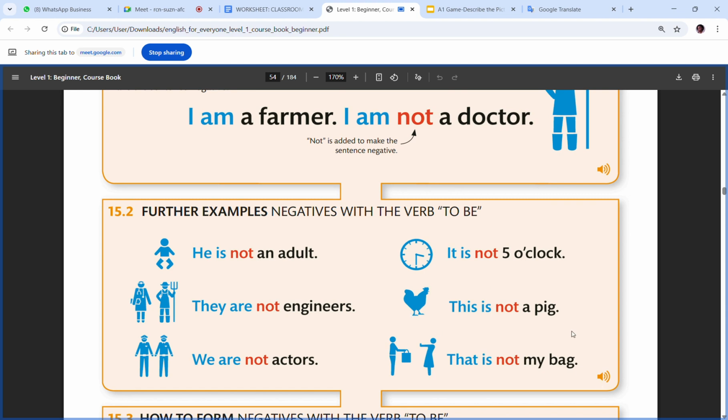So now it looks like here what is happening. This is a lady, and the man, I think he found a bag, right? He's holding a bag and he's asking, is this your bag? Is this your bag, right? So the lady is saying, no, that is not my bag.